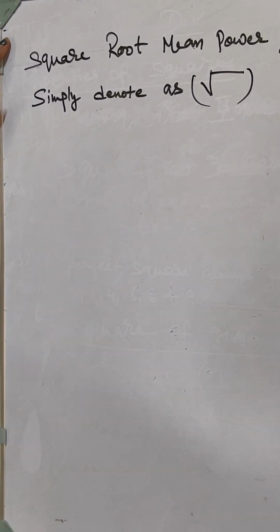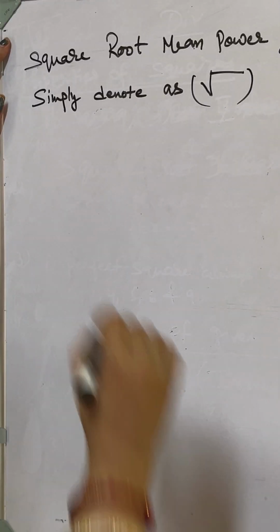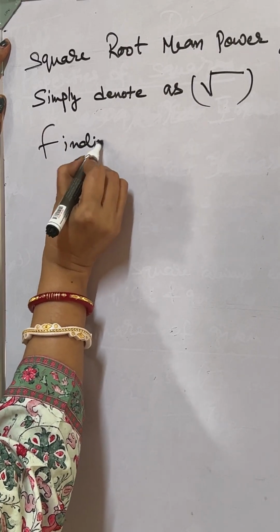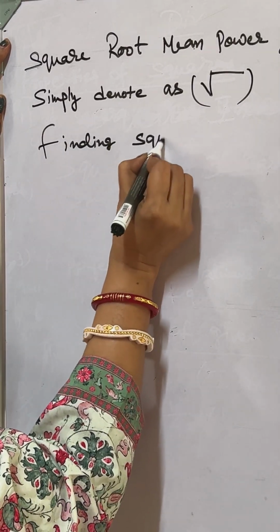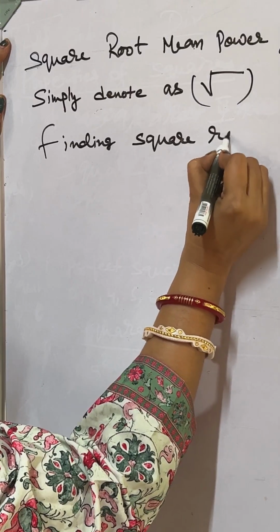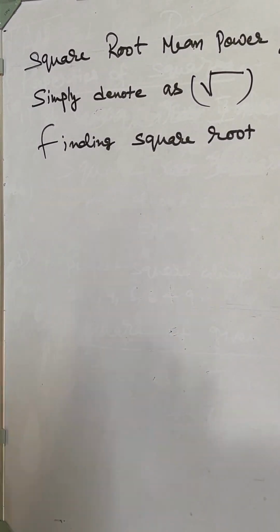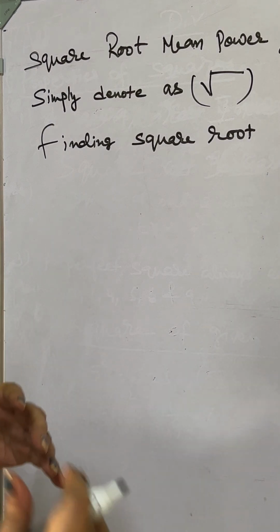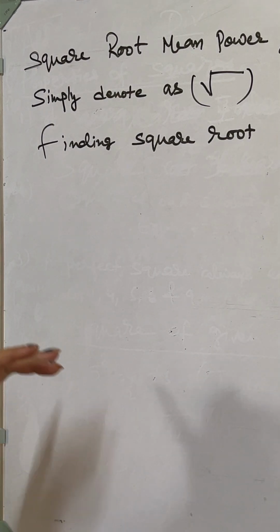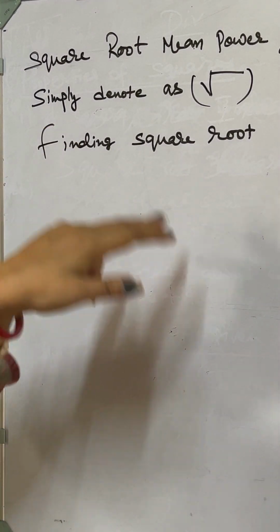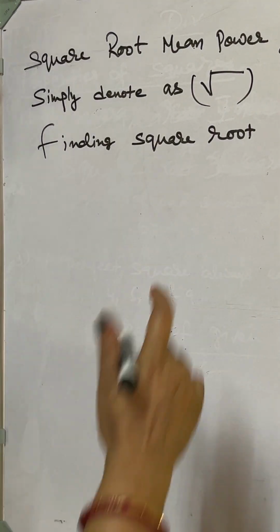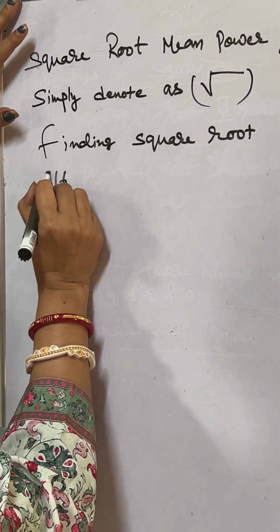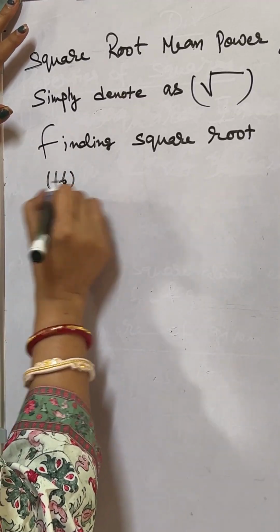Now, finding the square root. Children, we have understood how to find the square: we just have to multiply by itself. Now for finding the square root, suppose you need to find the square root of 16.